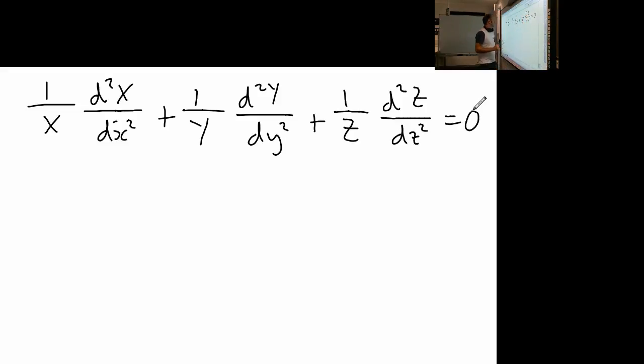These are equal to 0. Okay, so we have three terms. The first depends on x, the second depends on y, and the third one depends on z only.